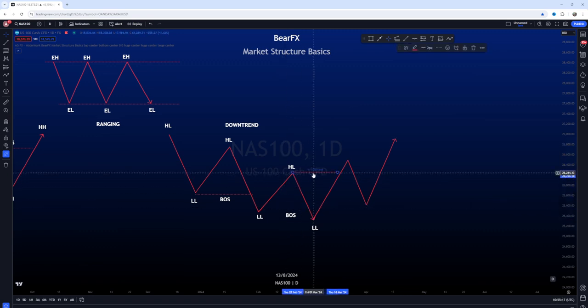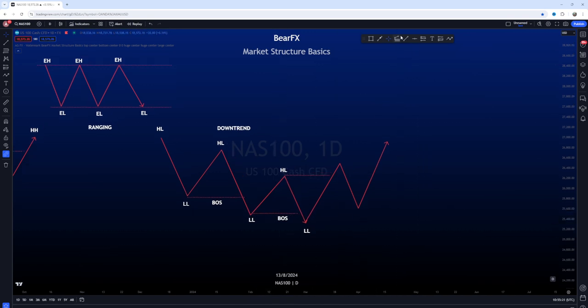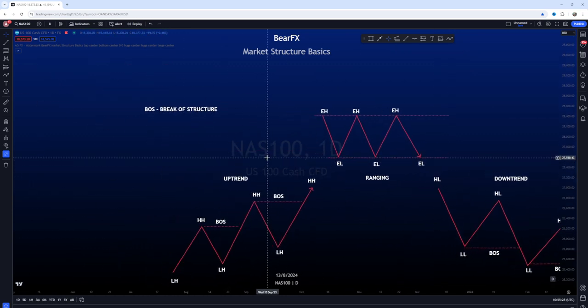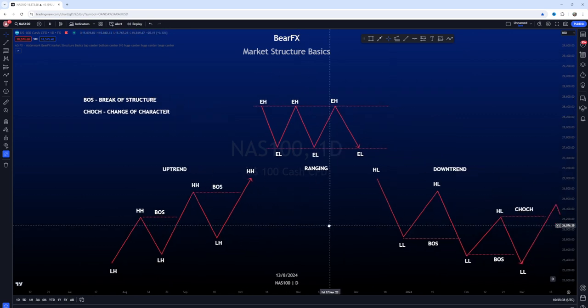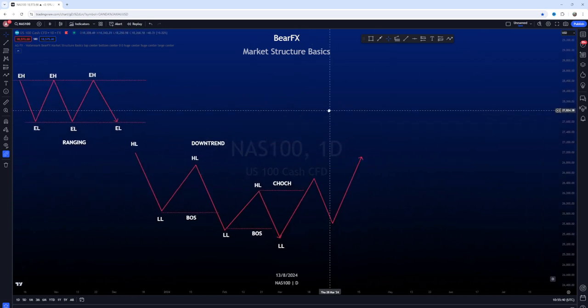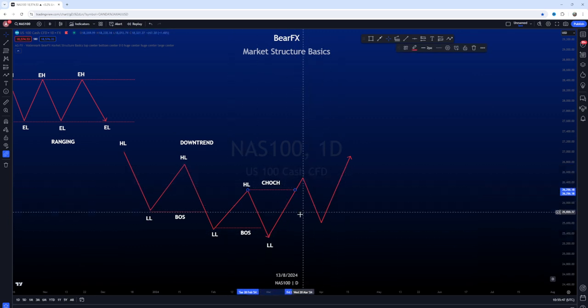So this line here will now become a CHoCH. Okay, CHoCH is change of character. So this is now your change of character here, and because price has changed direction, it's now continuing bullish.